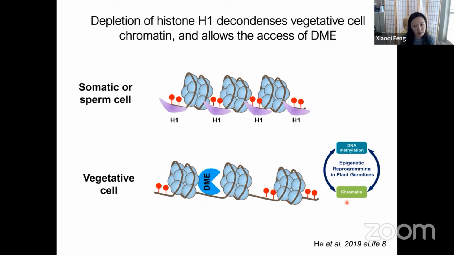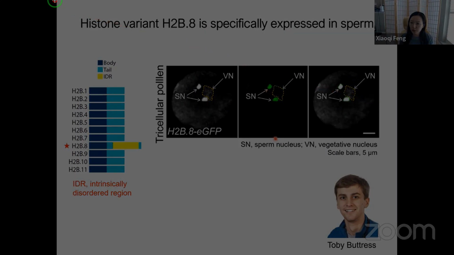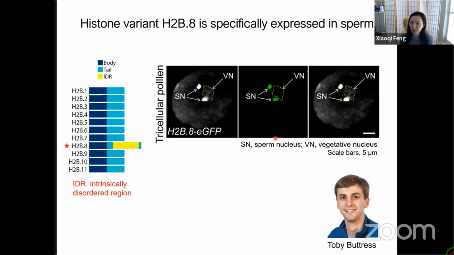So on the sperm side, Toby discovered a histone H2B variant that is specifically expressed in the sperm. You can see these two nuclei shown here. This variant, called H2B.8, has an intrinsically disordered region, shown as IDR, in the histone tail, which is absent from all the canonical H2Bs.